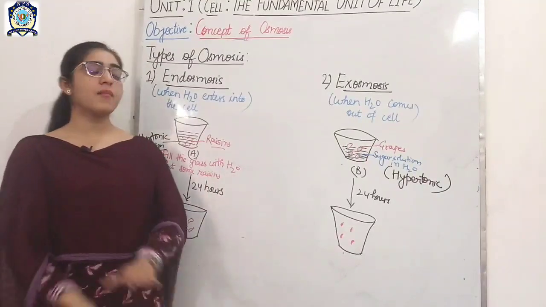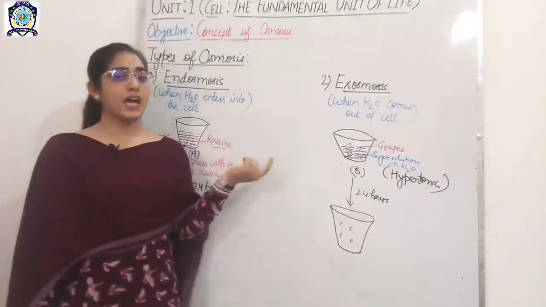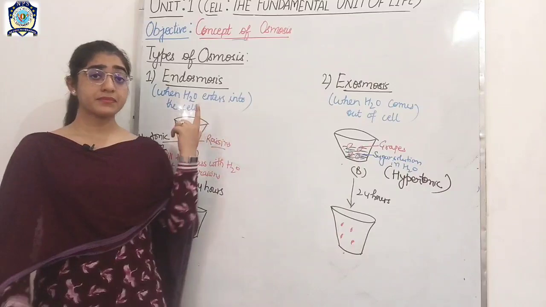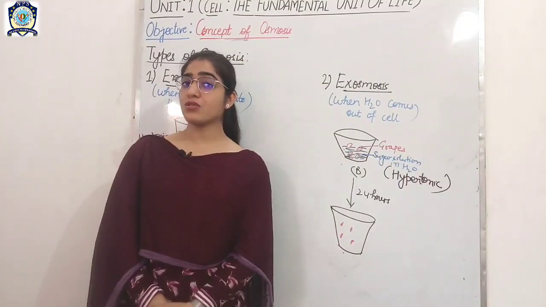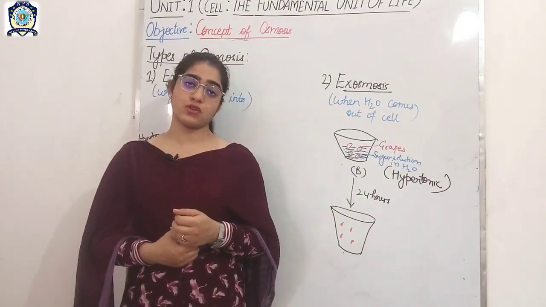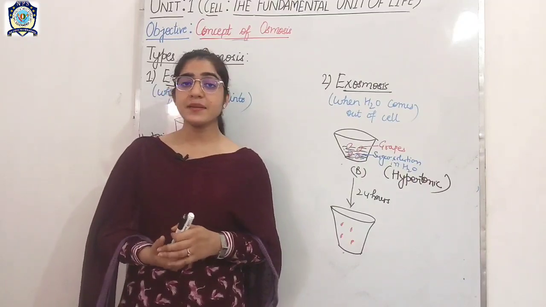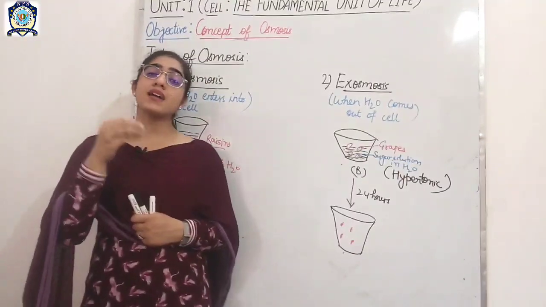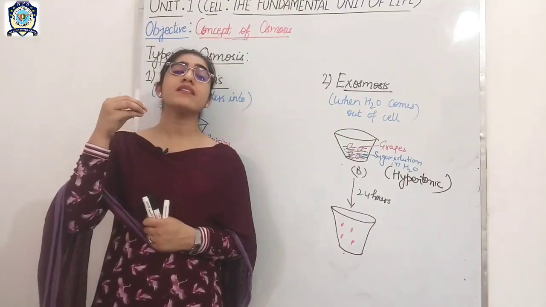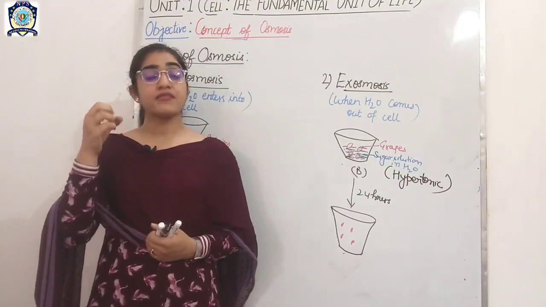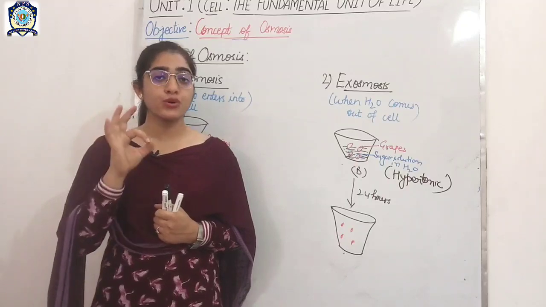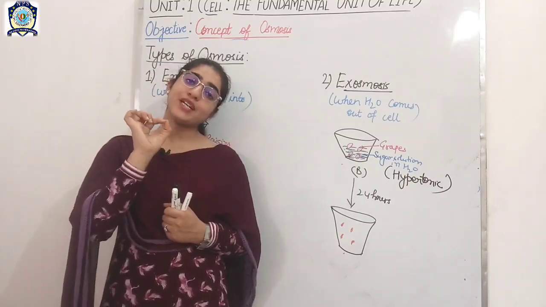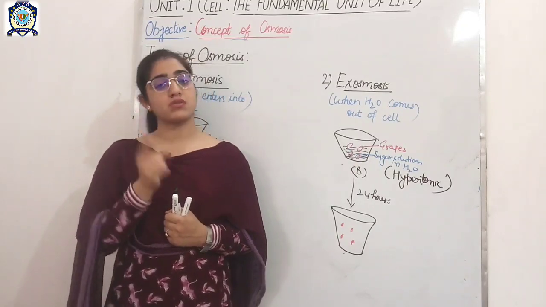So this was all about the concept of types of osmosis. If we talk about, students, the importance of osmosis, then what is the importance? As we have discussed, plants take water from the soil with the help of their roots, which is possible due to the process of osmosis.